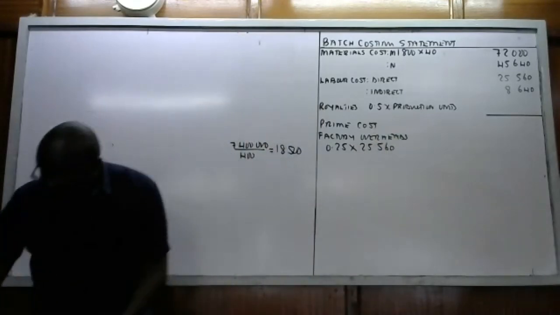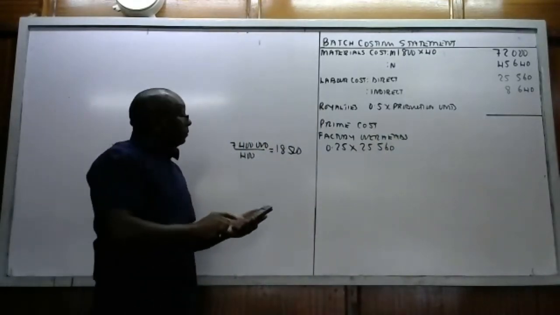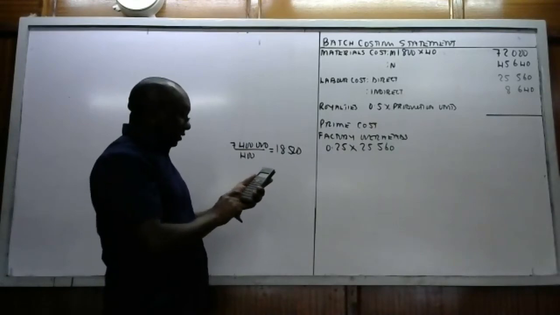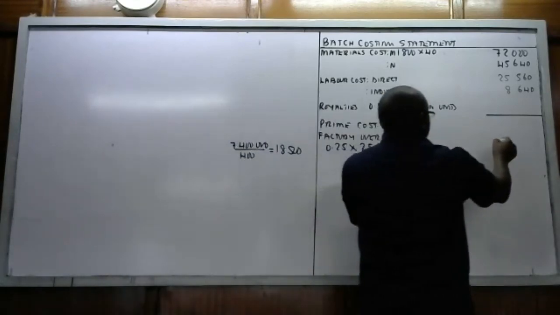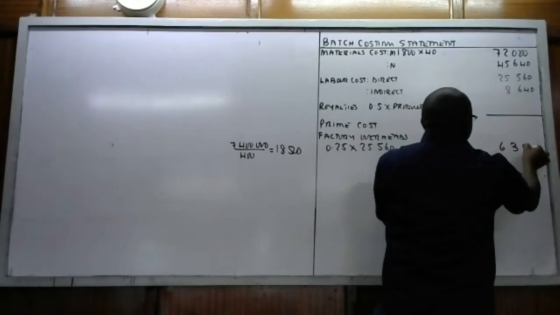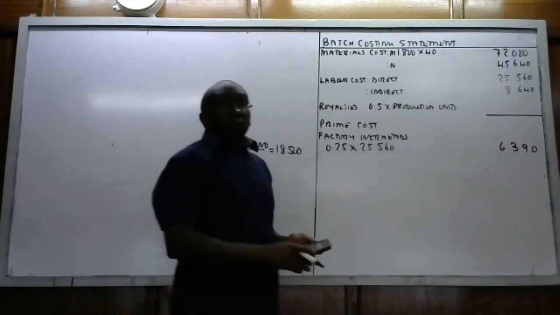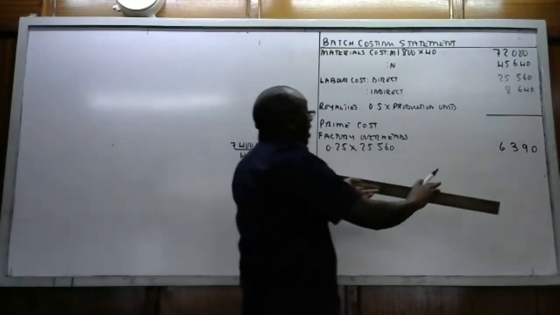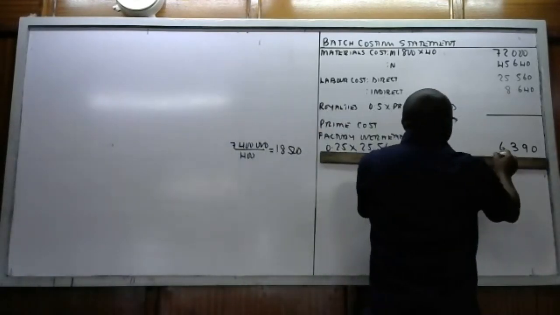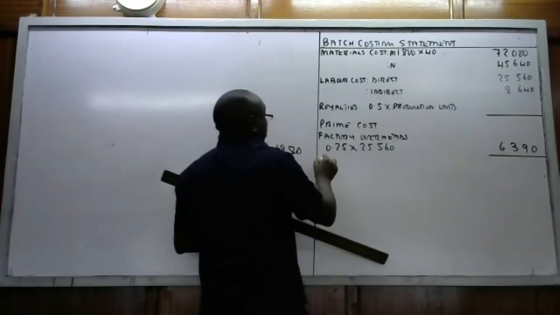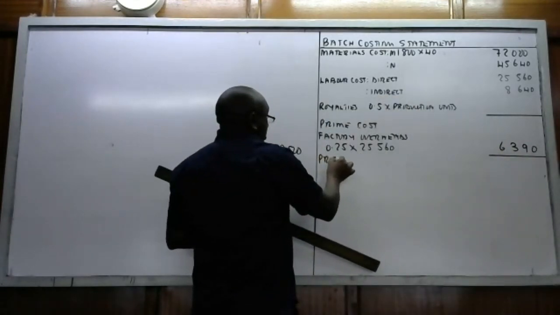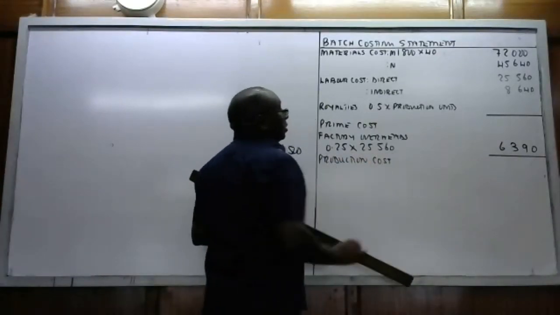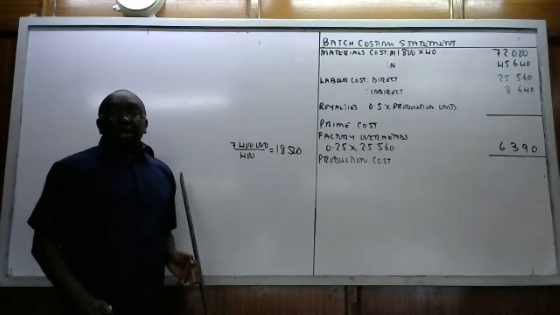So 0.25 times 25,560 is 6,390. Once you add that, the answer you get is called production costs.